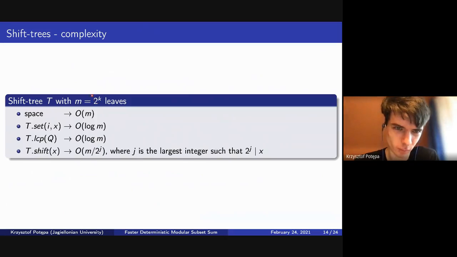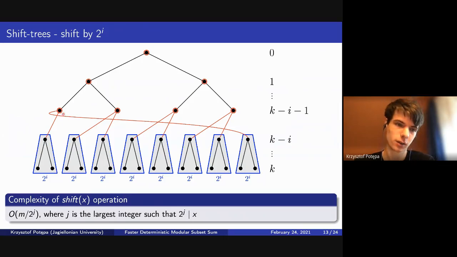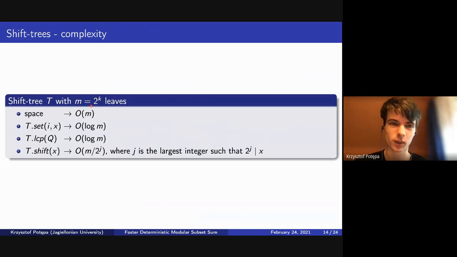And I said before that we need the length of the string to be a power of 2. That's because this trick with changing links would break if it's not a perfect binary tree. So we need the number of leaves to be a power of 2.